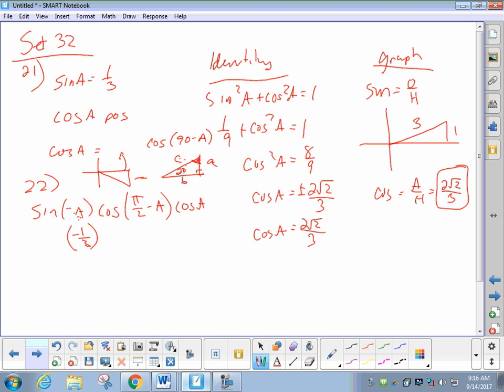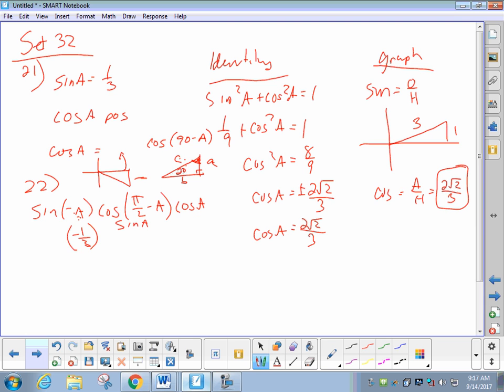You see what I mean? So these are called cofunction identities. The cosine of the other angle equals the sine of the angle. Cosine of pi over 2 minus A is the same as sine of A. It's the other angle in the right triangle.